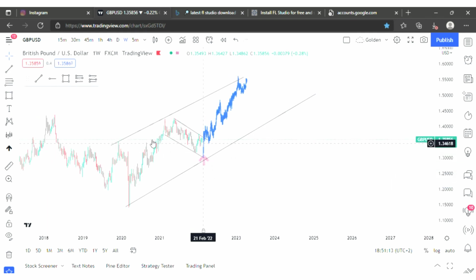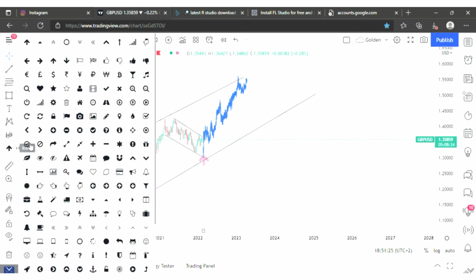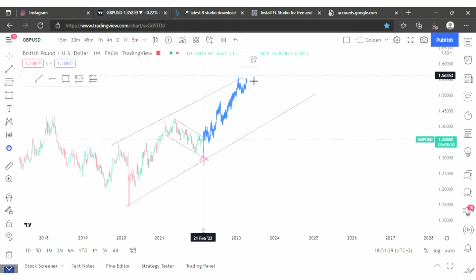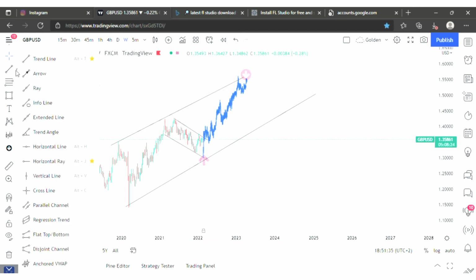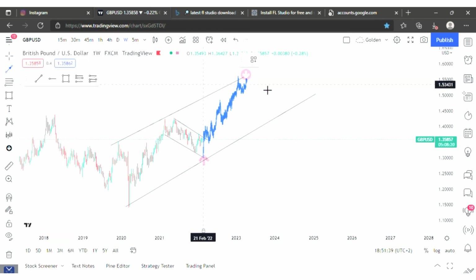So we're going to have that first touch from the highest high, second touch from the highest high, third touch from the highest high. As I said, the third touch is the highest probability to enter the market to swing trade the market. So this level right here is going to be our highest probability to enter the market and go down with it.